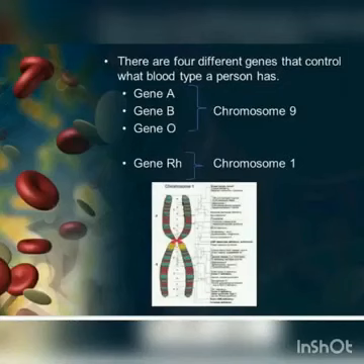So, to determine the blood group in a person, the alleles are present in chromosome 9. The gene controlling the blood type has been labeled as L, capital letter L, after the name of the discoverer Landsteiner. Or we can call it I, capital I, that is from isoagglutination.